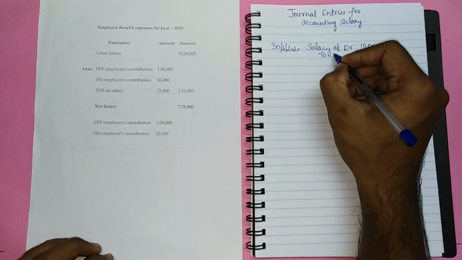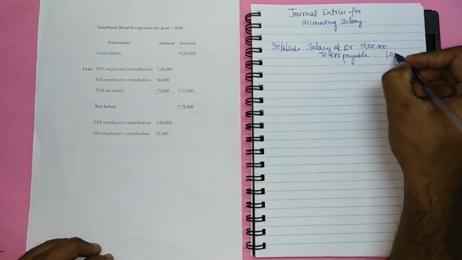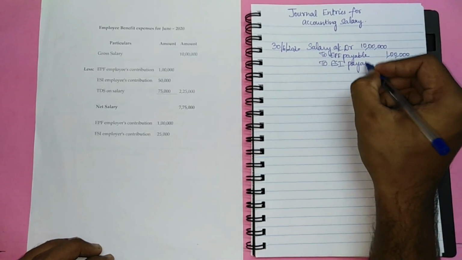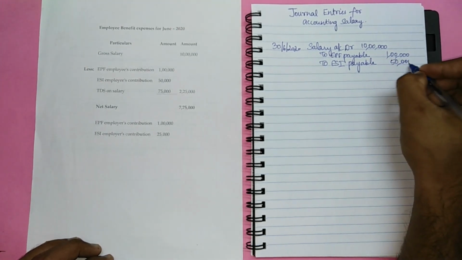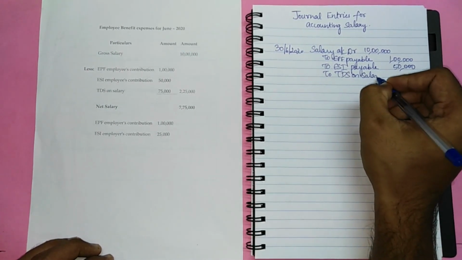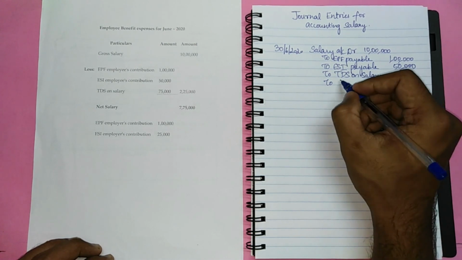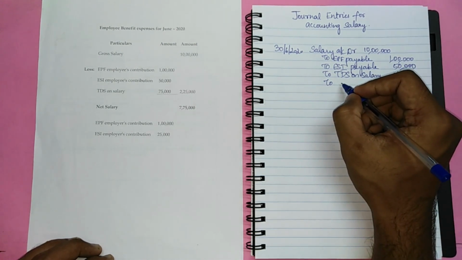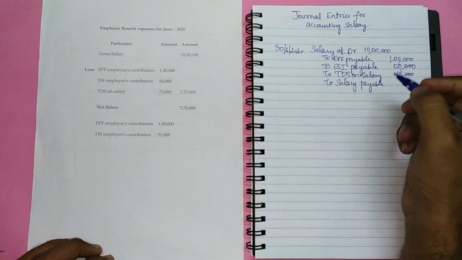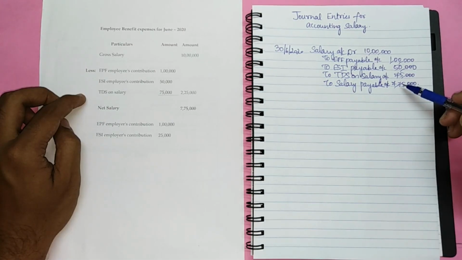So to EPF payable 1 lakh, to ESI payable 50,000, to TDS on salary 75,000 and the balancing amount, that is the net payable to the employee, to salary payable 7,75,000. Let me explain this entry once again for you.